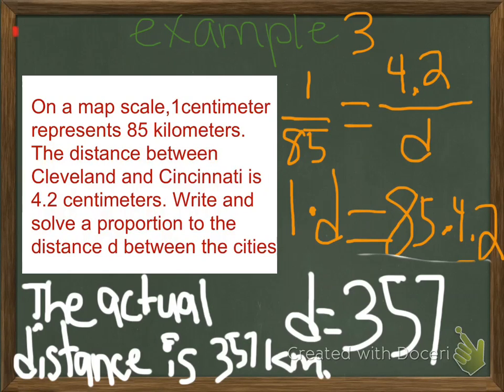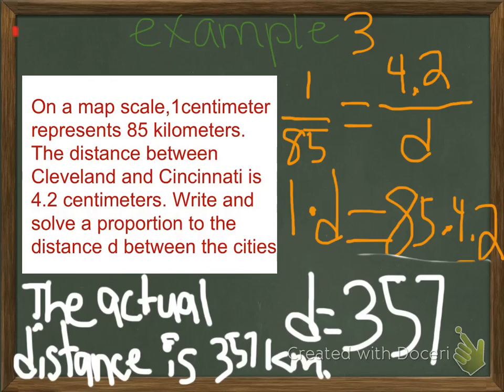My third example is a word problem. On a map scale, 1 centimeter represents 85 kilometers. The distance between Cleveland and Cincinnati is 4.2 centimeters. Write and solve a proportion to find the distance D between the cities.